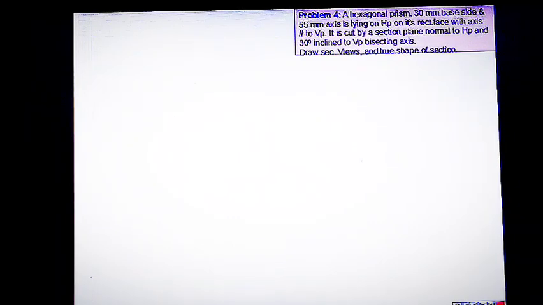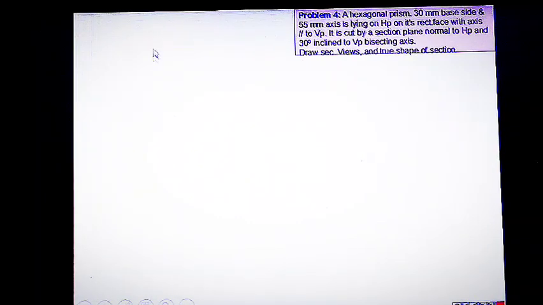So first we draw this solid in simple position, then change the position of the solid in such a way that it is resting on one of its rectangular faces on the horizontal plane, with axis parallel to the vertical plane.